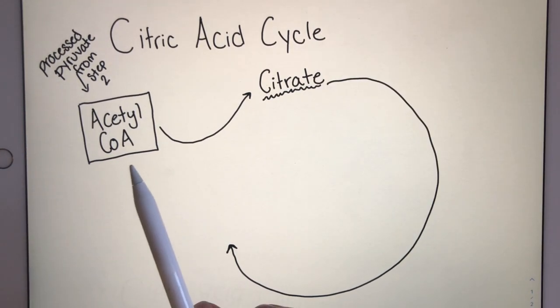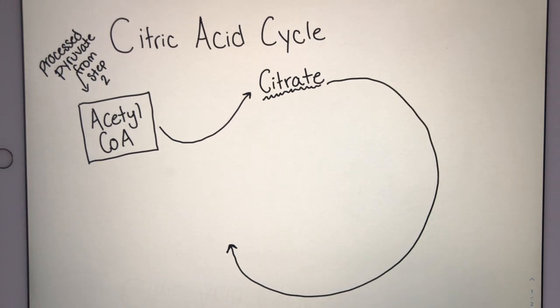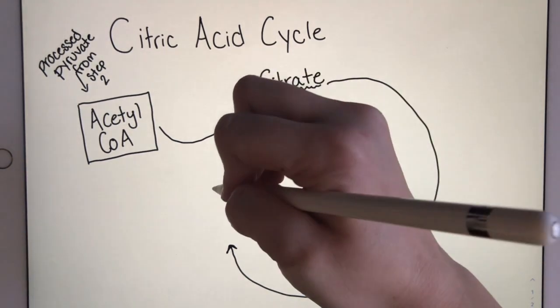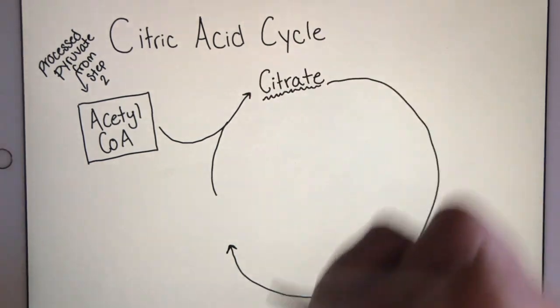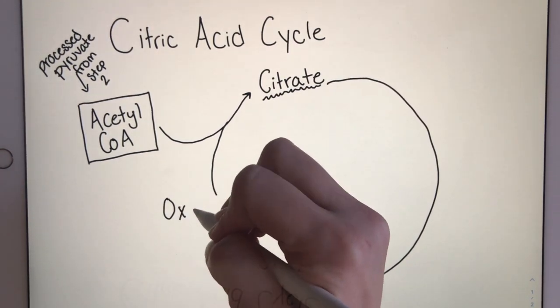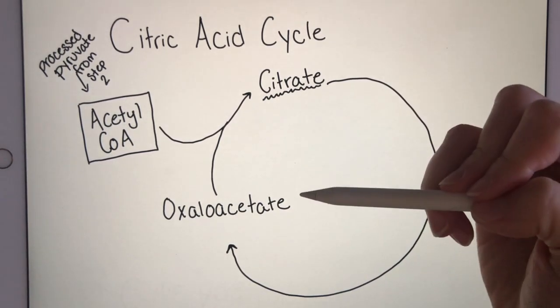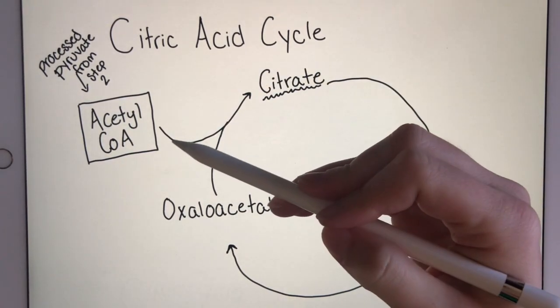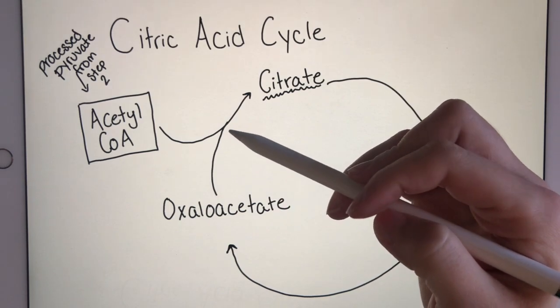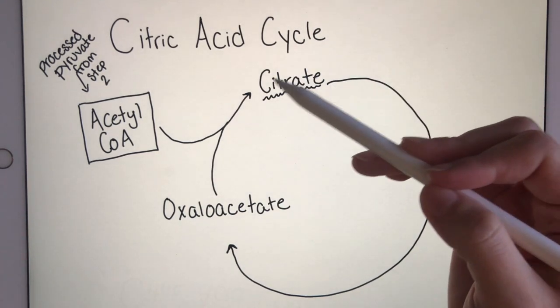But acetyl-CoA by itself is not just going to become citrate. It needs help from another molecule, and it's called oxaloacetate. So the oxaloacetate and the acetyl-CoA interact with one another, and your result is citrate.